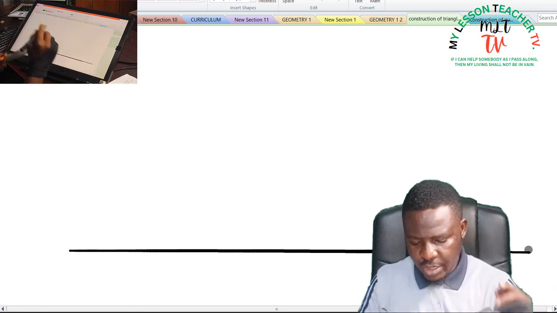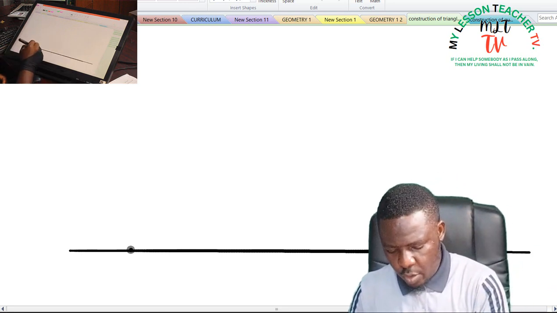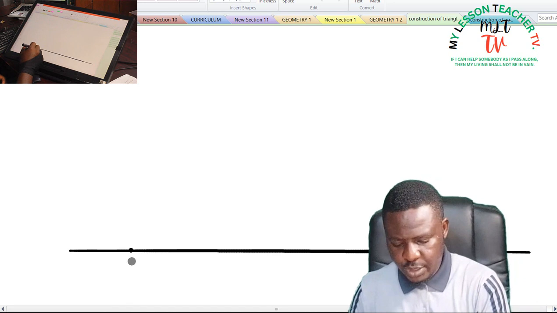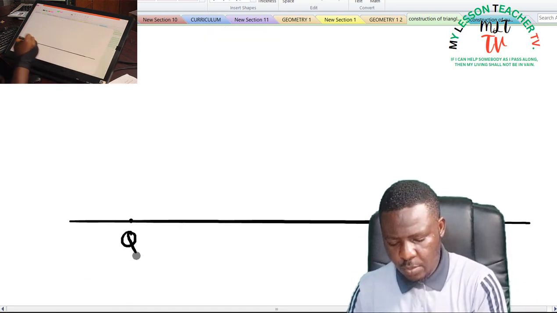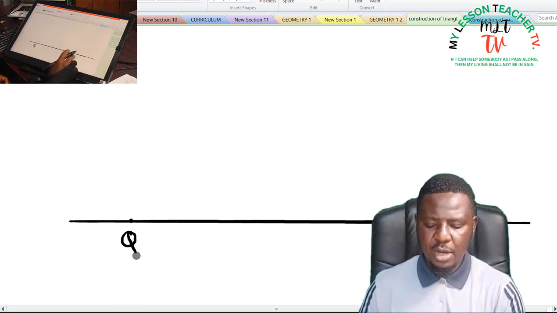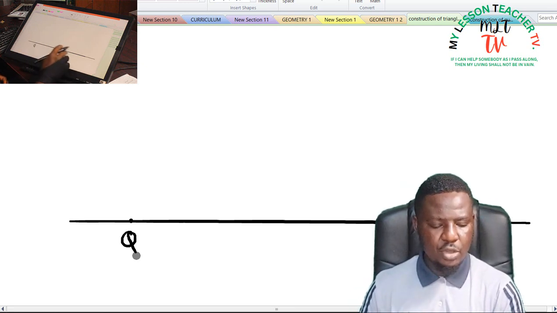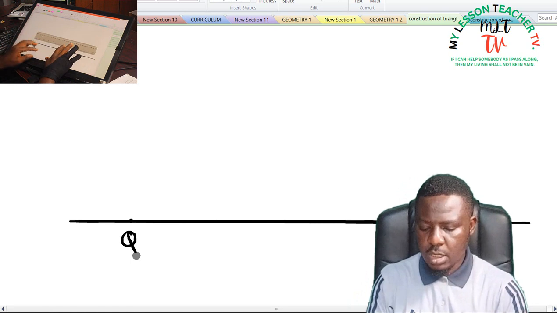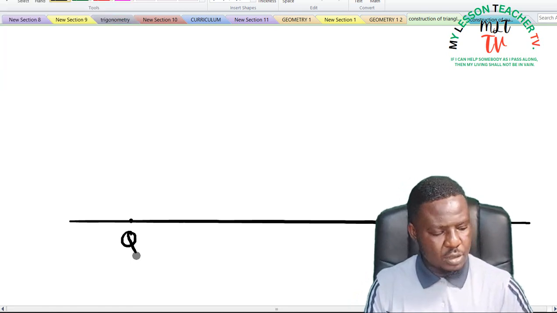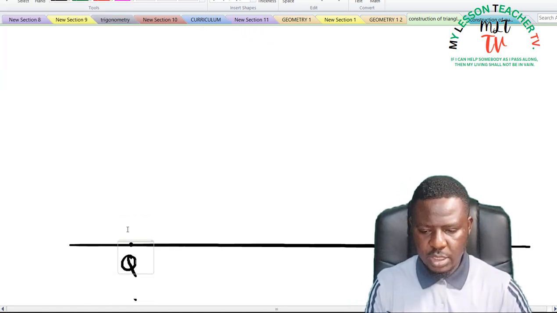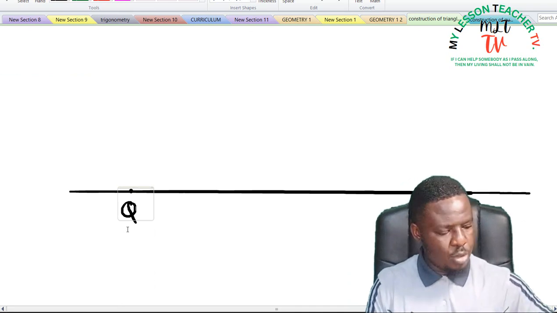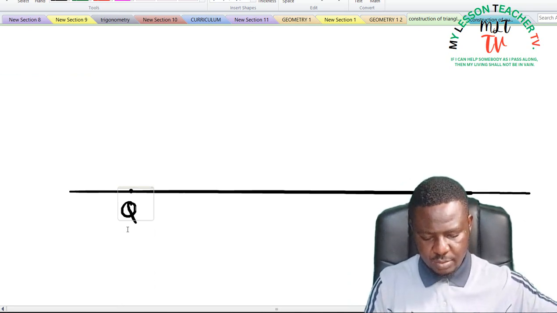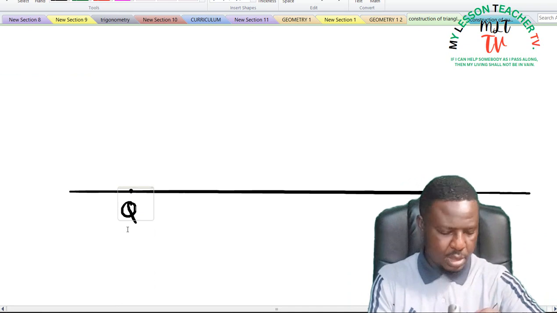Pick a point. Let's call that point Q. So this is our point Q. We are going to get our QR, and our QR is said to be 11 meters. So I'm going to use 11 centimeters to represent that.